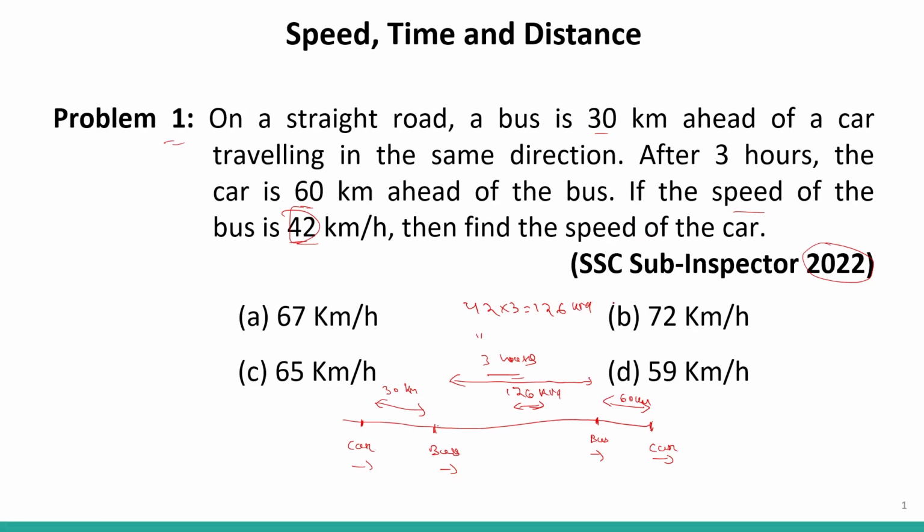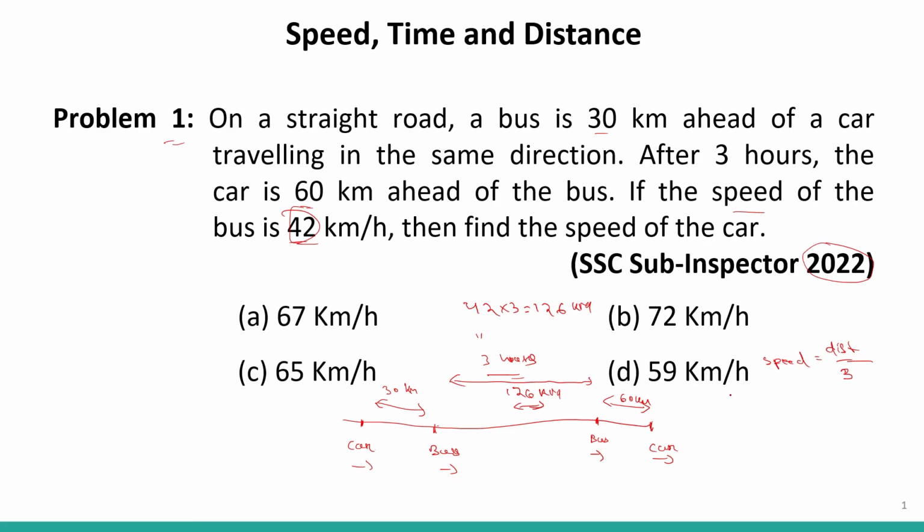What we want to find is the speed of the car. The time it took for the car to travel is the same, 3 hours. We know that speed is equal to distance by time. We want to calculate the distance the car traveled, because we know the time is 3.